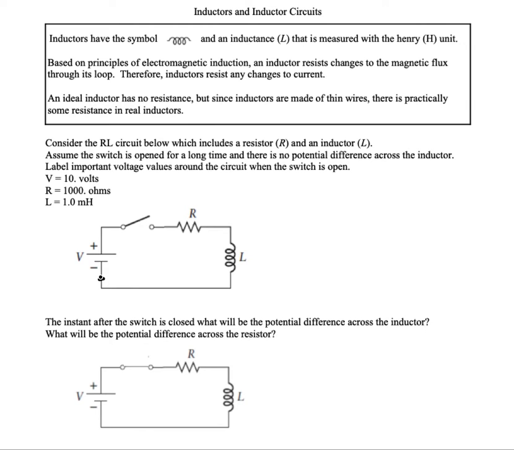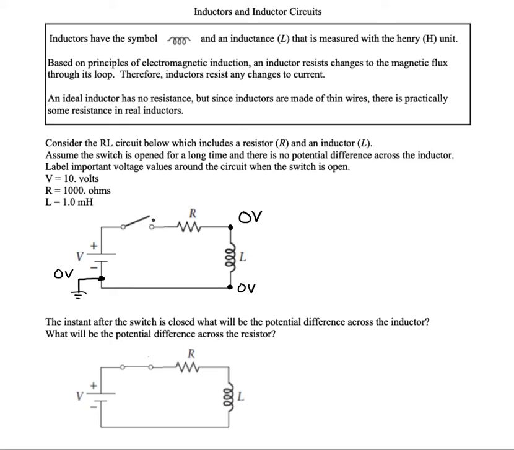I'll start off by connecting the negative terminal of the battery to the ground, and we'll consider that to be 0 volts. Naturally, we'll also have 0 volts on this side of the inductor. It was given in the instructions that the inductor had no voltage across it at the current time, so that would mean that this is a 0 volt potential as well.